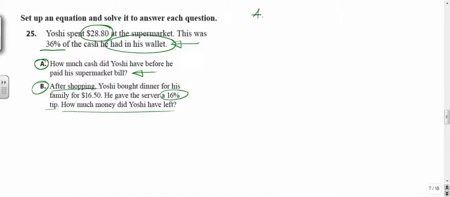So first of all, let's solve part A. And the problem is telling me that 28.8, not percent, dollars, right, is 36% of Yoshi's money, Yoshi's cash. We need to know how much cash is in Yoshi's wallet.